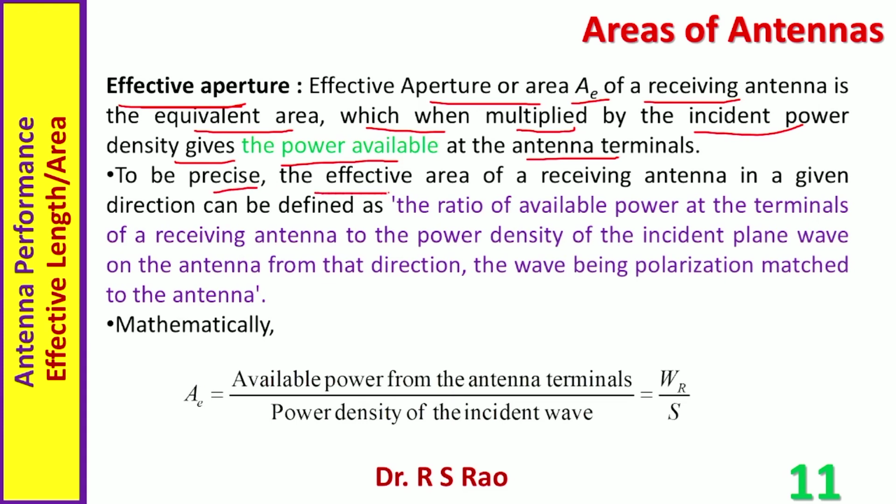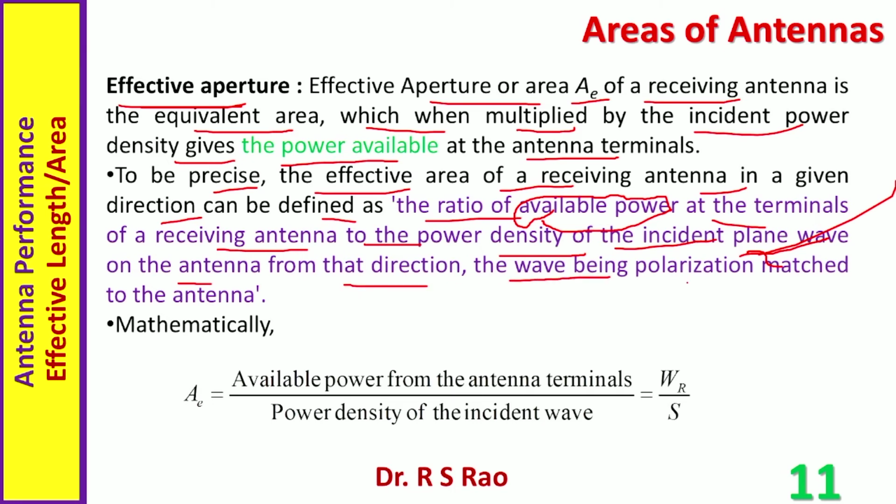To be precise, the effective area of a receiving antenna in a given direction can be defined as the ratio of available power. Available means the maximum that is possible to be extracted from the antenna. Here the maximum power transfer theorem is relevant. It is the ratio of available power at the terminals of a receiving antenna to the power density of the incident plane wave on the antenna from that direction, the wave being polarization matched to the antenna.